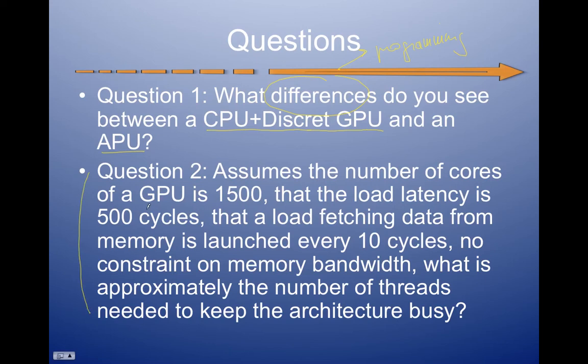Assume the number of cores of a GPU is 1500, that the load latency is 500 cycles, and that a load fetching data from the memory is launched every 10 cycles per thread. No constraint on the memory bandwidth. How many threads do you need to keep the architecture busy? So what is the minimum number of threads with this condition to keep everything at full speed?